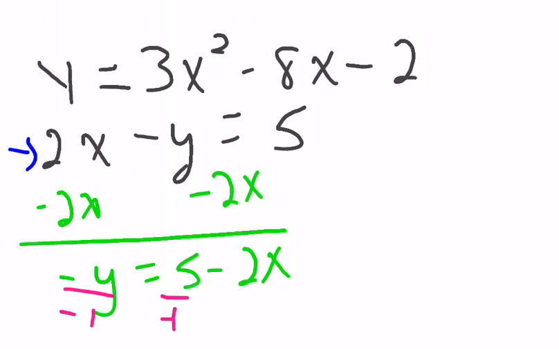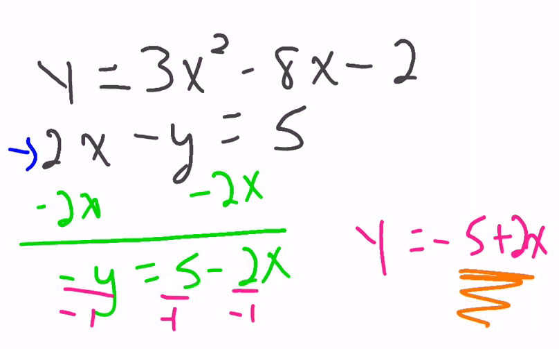So I'm going to divide everything by a negative 1. So now I have y equals -5 plus 2x. So now we realize that an equation means that y, in this case, is the same as all of this. So now in the first equation, anywhere I see y, I'm going to replace it with all of that.